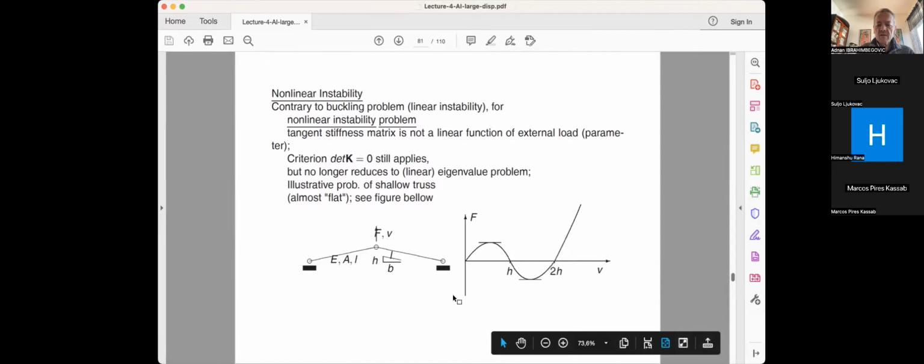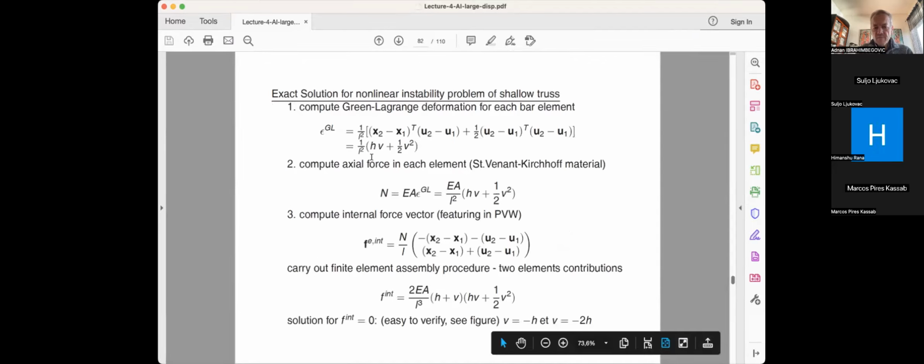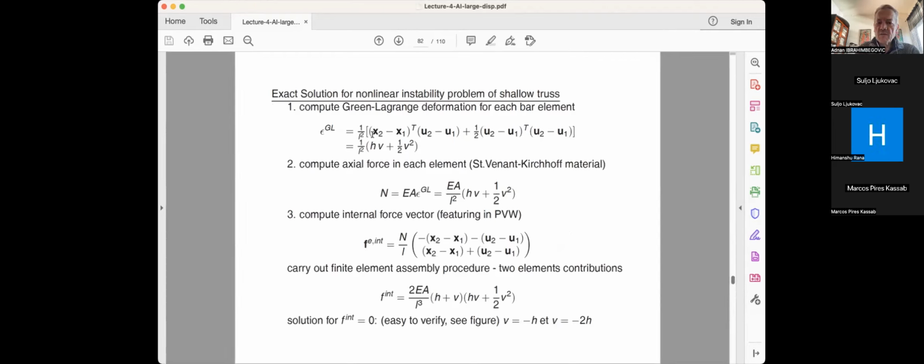So basically here, when you compute this, I take my computational Green-Lagrange strain. This becomes 1 over L squared, (x2 minus x1) transpose (u2 minus u1), where u1 and u2 are the nodal displacements, plus 1/2 this quadratic term.